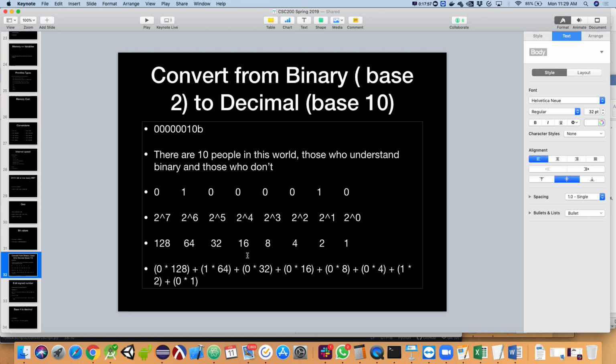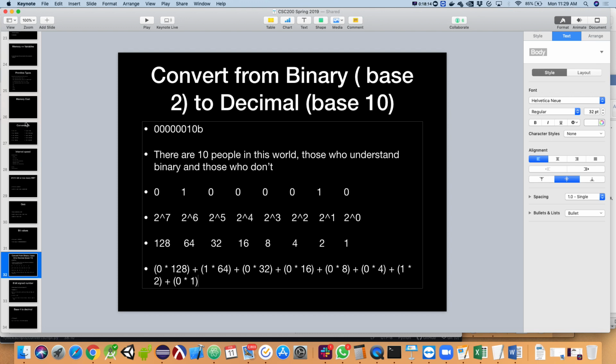Now, if I had a 16-bit number there, after 128, it would be 256, times 2 is 512, times 2 is 1024, times 2 is 2048, 4096, and so on. It just keeps doubling.